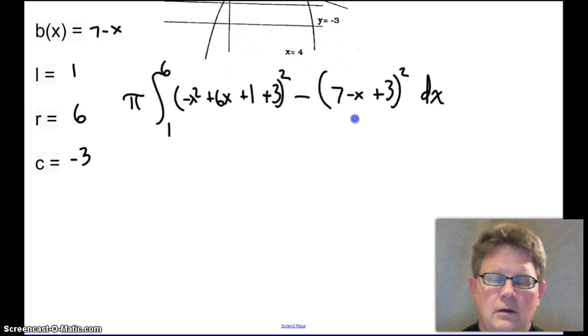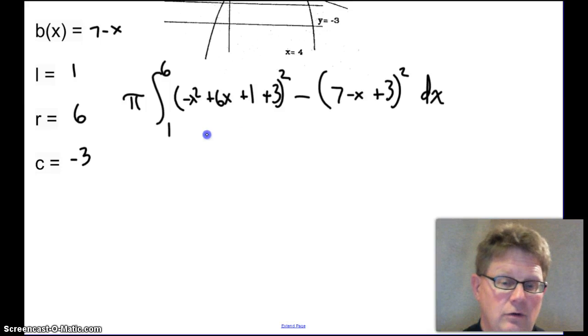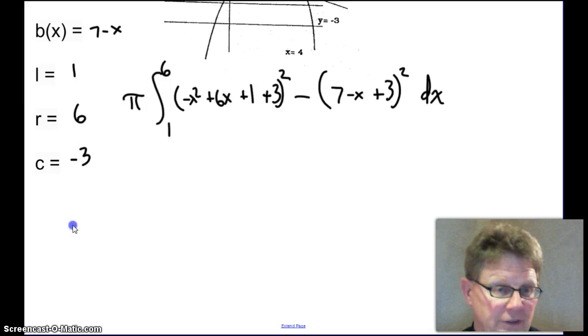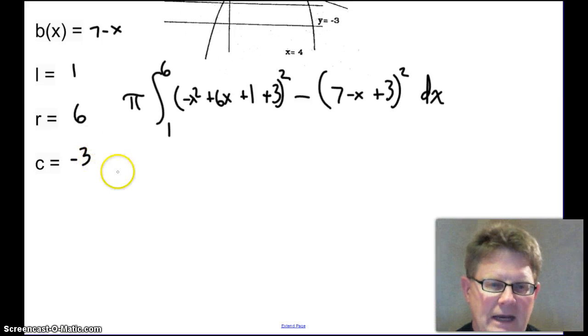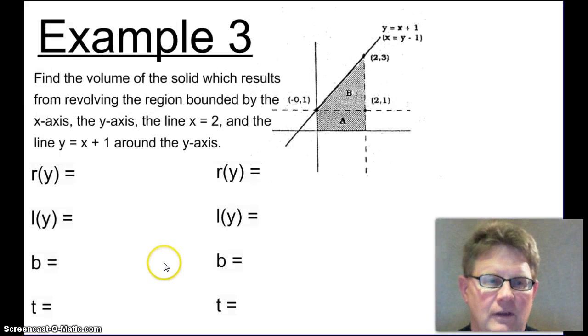There is the setup. It's going to take a little bit of work for you to actually figure out what that is, and I will let you do that on your own as best you can. I'll tell you what the answer is in a minute. That answer is 375 pi. And here's your last example.